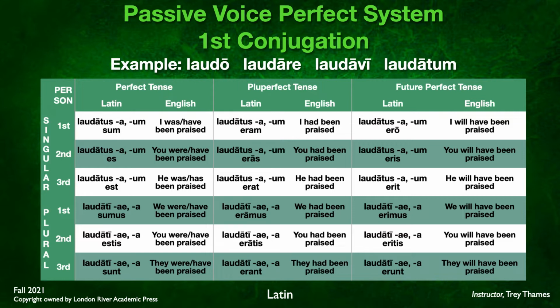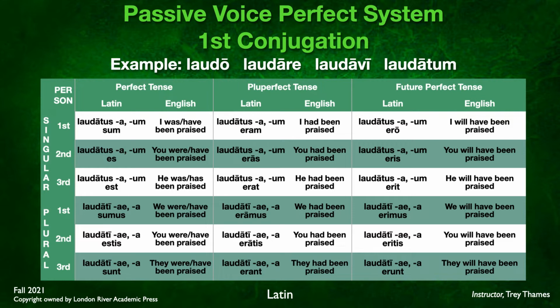So the masculine nominative plural would be laudati. And for the feminine nominative singular, it's laudata. And in the feminine nominative plural, it's laudatae, A-E. And then the neuter, of course, is laudatum. And in the plural, it's laudata. So we have to use the plural forms when we move to the plural side of the chart here. And then we add sumus, the first person plural of sum, and then laudati, -ae, -a estis and laudati, -ae, -a sunt.